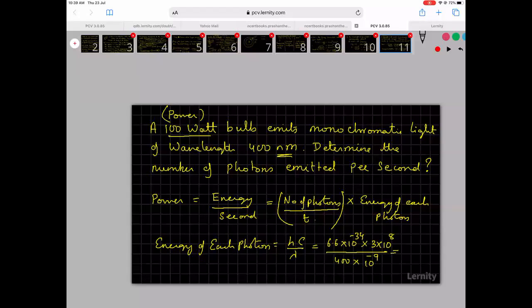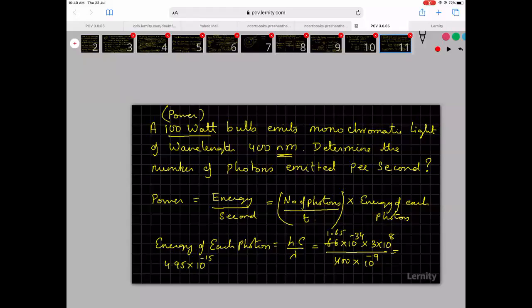These two will become 10 power 15. 4 will go 1.65. So 3 into 1.65. 16 into this 48. So 4.95. So it will become 4.95 into 10 power minus 15.